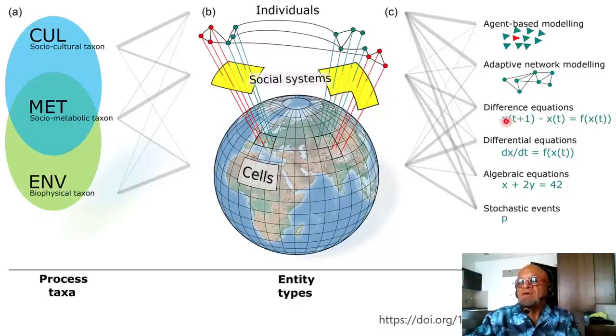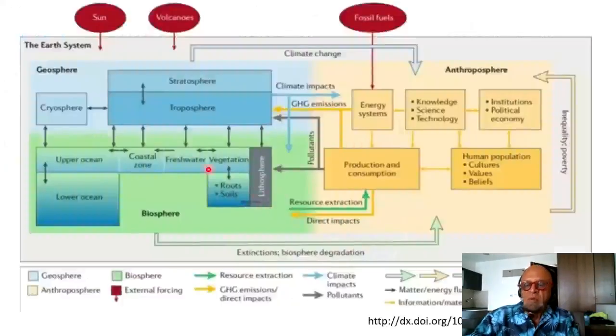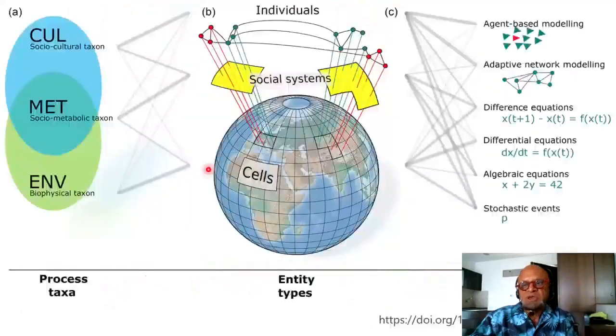Or you also have difference equations where you are discretizing the system, so you can think of it as a numerical representation of the Earth system that we are talking about here, which are all the typical general circulation models used for IPCC simulations and projections.